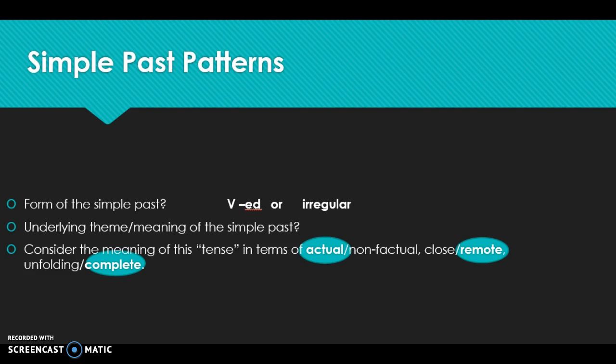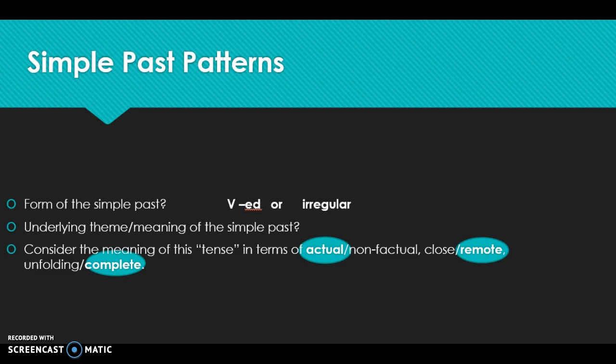In terms of actual or factual, we use the simple past for actual events, and as we discussed in relationship to the simple present, simple past is more remote than the simple present, and it is often describing a complete event, not something that is unfolding or present or possibly still happening.